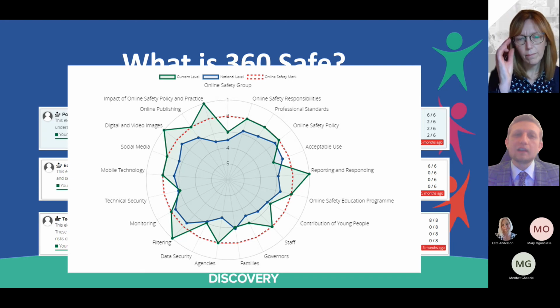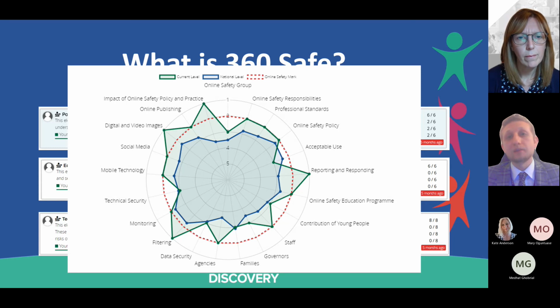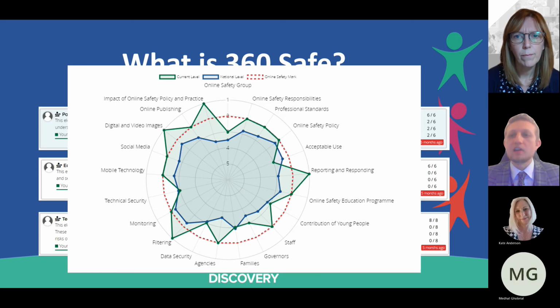Not only that, one of the good things about 360 Safe is they won't charge you until they know you're about ready. If you send off your criteria and your evidence, and send off your portal for them to look at, and they don't think you've got enough, they will tell you before they charge you. They know if you're there or thereabouts, based on the evidence you've put.